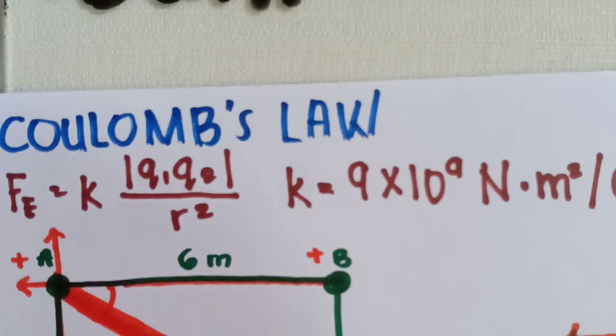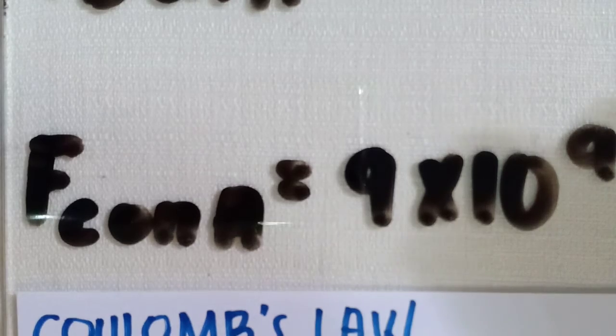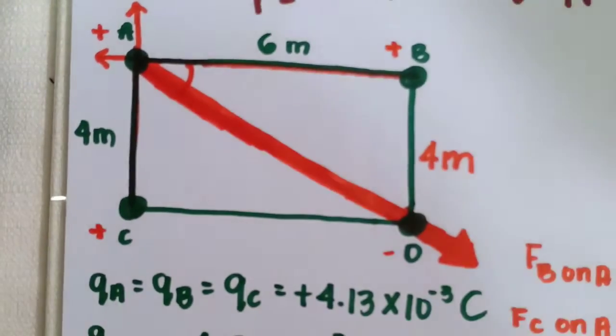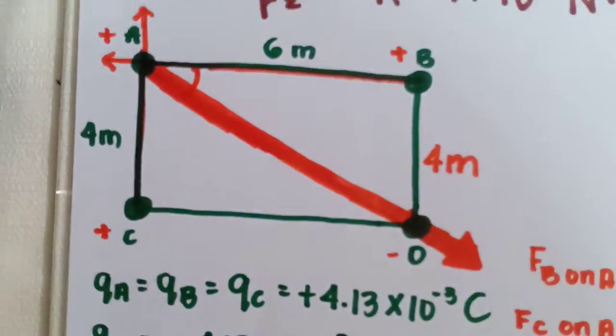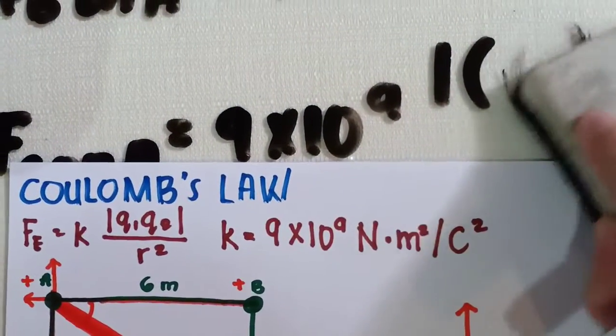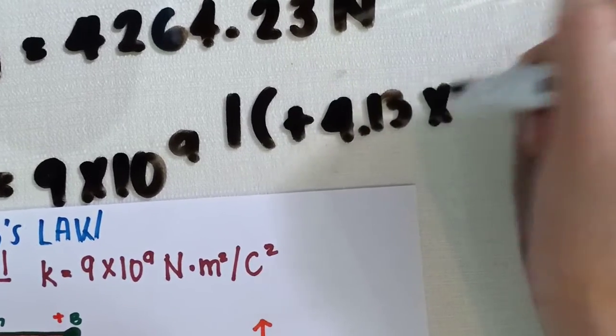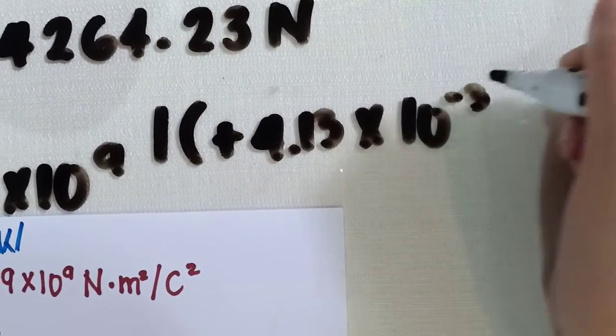Now next we will look for the force of C on A. So still the same, use this formula. K is 9 times 10 to the power of 9, then absolute value of the charges. Since A and C are also the same, that's positive 4.13 times 10 to the power of negative 3.